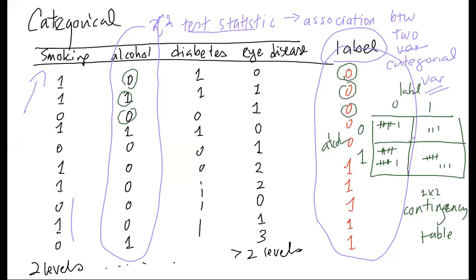After you do the counting, you can fill up the numbers. Say maybe this is 5, this is 10, this is 1, and this is 2, or whatever. Once you have this table, then you can compute a chi-square test statistic.